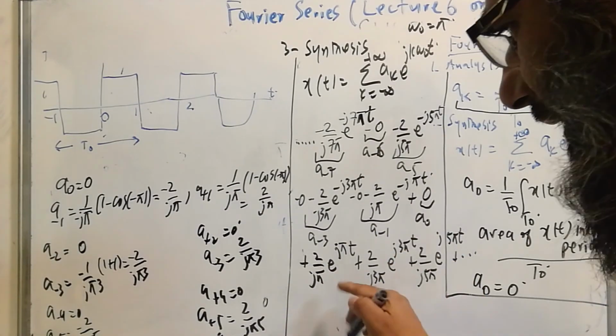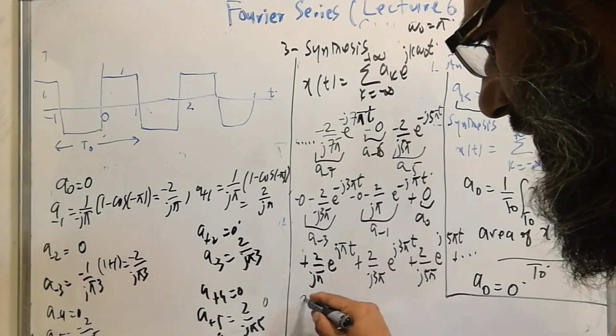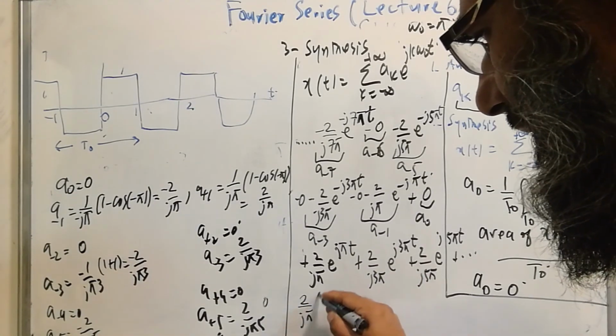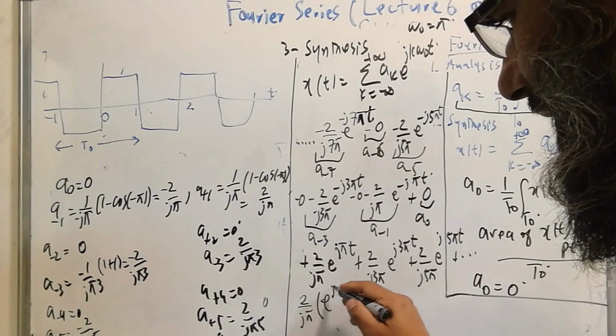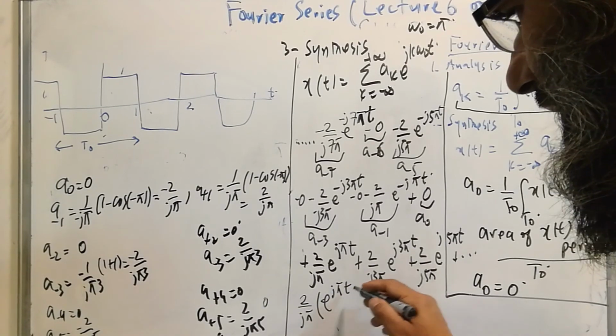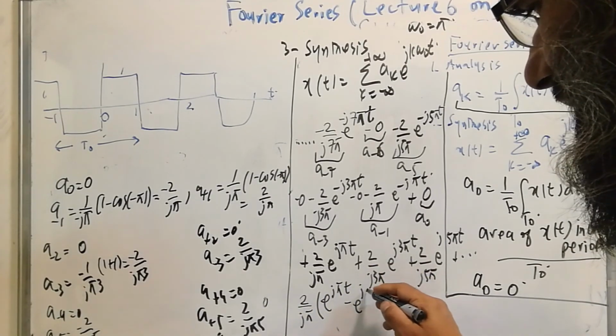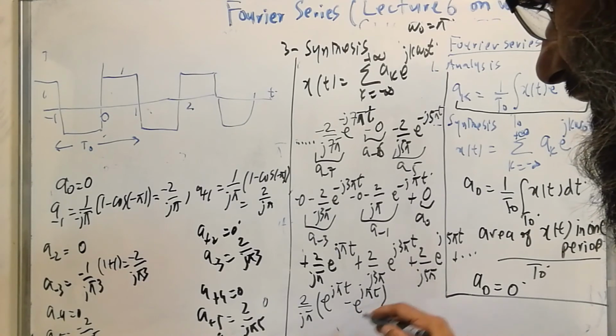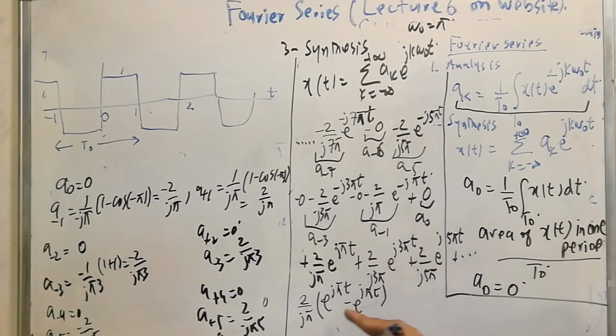So I can come starting from a1. So 2 over j pi times e raised to power j pi t minus e raised to power minus j pi t. All right. So this is actually sine, because if we have positive minus negative exponential divided by 2j, the answer is sine.